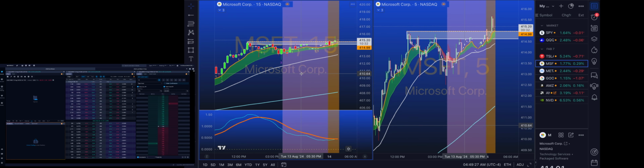We also do pre-market highs and lows, and I need price to be above those areas. So right now the pre-market high is 415.20, so I would need price to be above that, and it's above my supply area, indicating that shorts have lost and bulls are pushing.